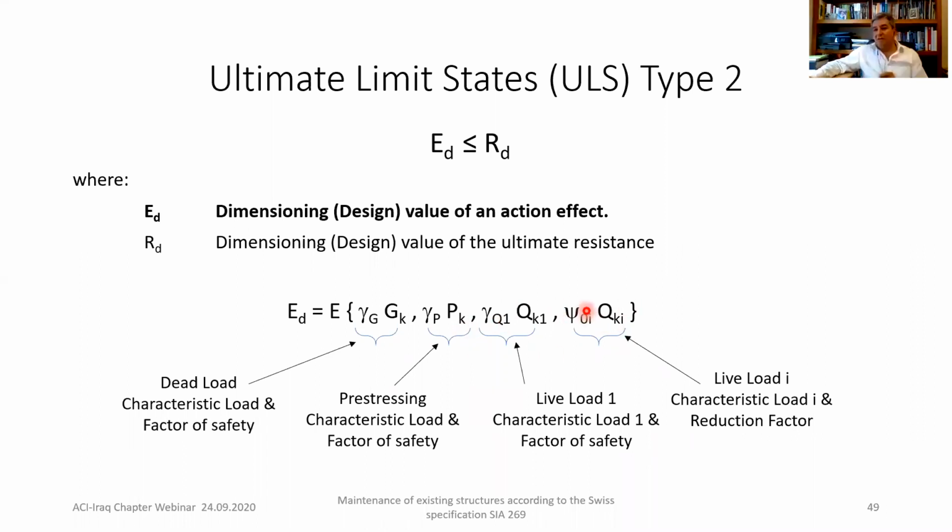Rather, if the live load is much less than the snow load, we can use some reduction. Of course, we have some logic here. If the roof of the building is full of ice, nobody will come outside, nobody will be on top. Therefore we have some factor of safety here.